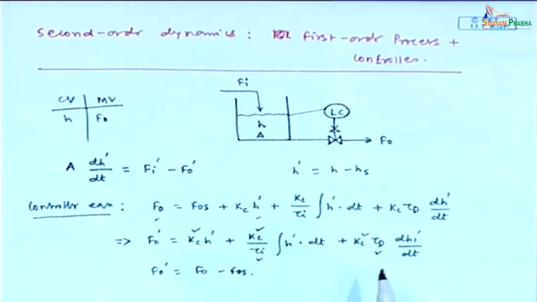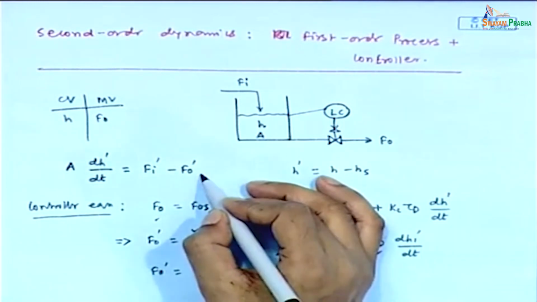Now, we can substitute the expression of F naught prime in the modeling equation.